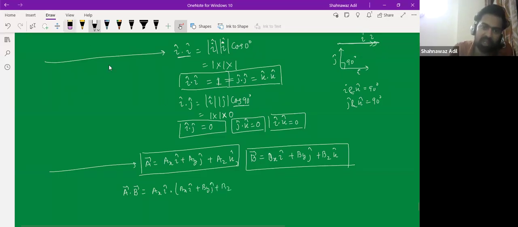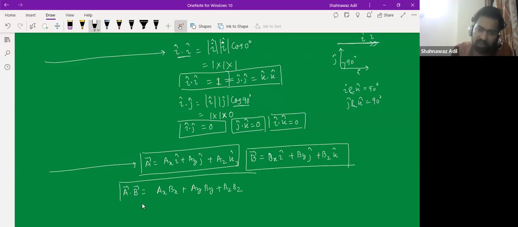I will not write every term, so let me just write only the I and I part. So this would be simply AX BX plus AY BY plus AZ BZ. So only I dot I will survive, right? Is this part clear?